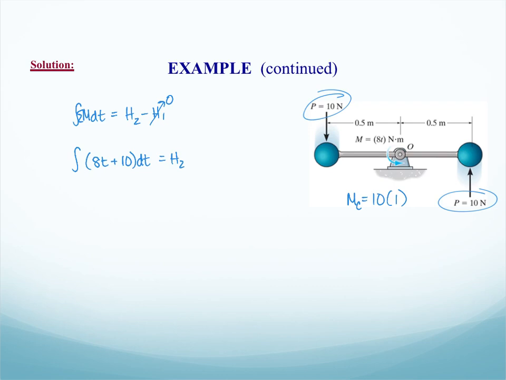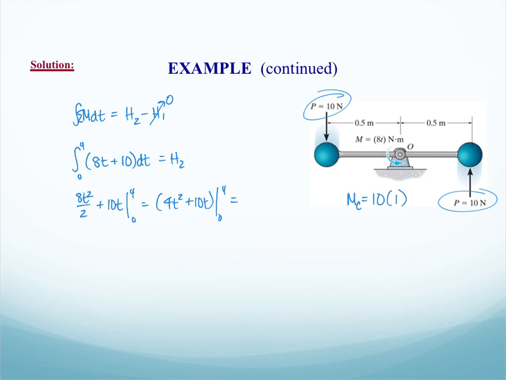And that's going to be equal to the final angular momentum. We're going to let this go for 4 seconds. So if we integrate this, we get 8t squared over 2 plus 10t evaluated at 0 and 4. Let's simplify that. We get 4t squared plus 10t evaluated at 0 and 4.